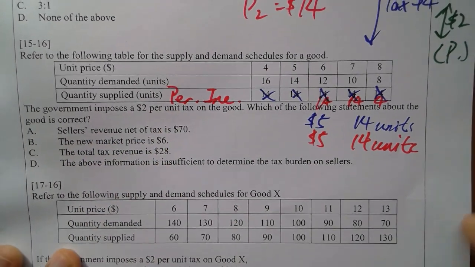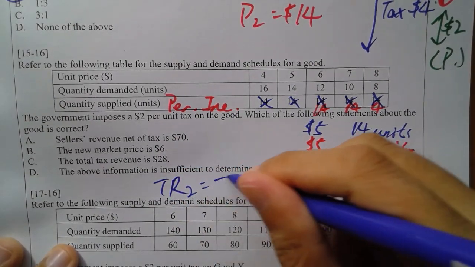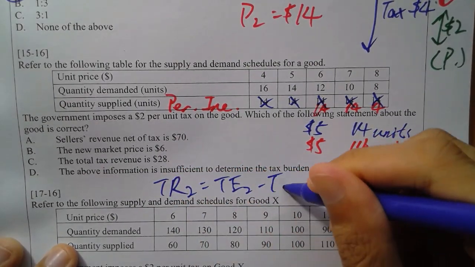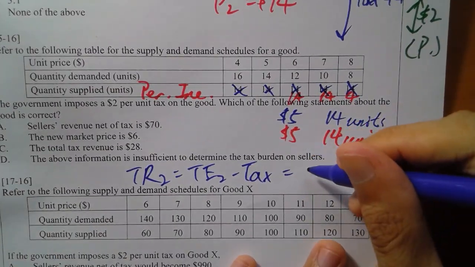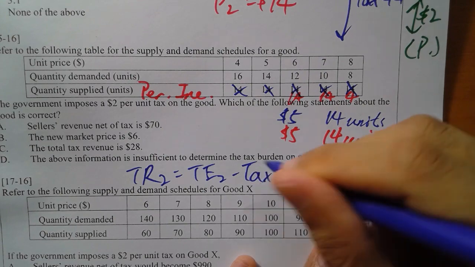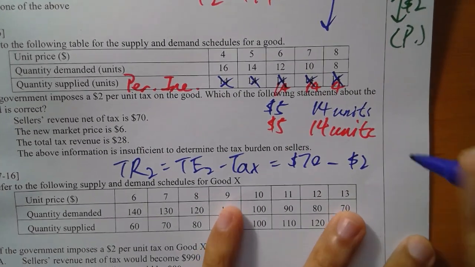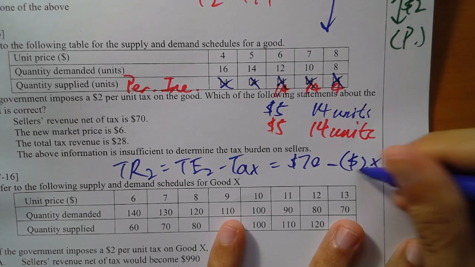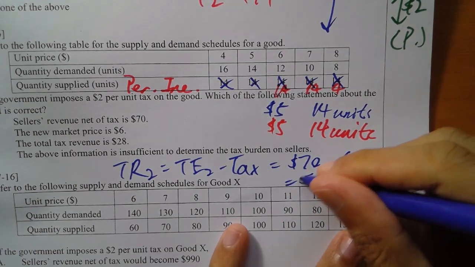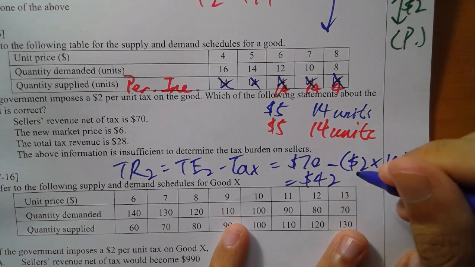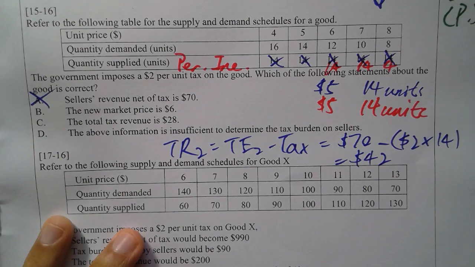Let's do the calculation. Okay, now TR2 will be TE2 minus tax. TE2 should be like this, 70 minus tax. How much is the tax? $2 per unit times how many units? 14. It actually should be $42, not 70. So unfortunately, it's wrong.